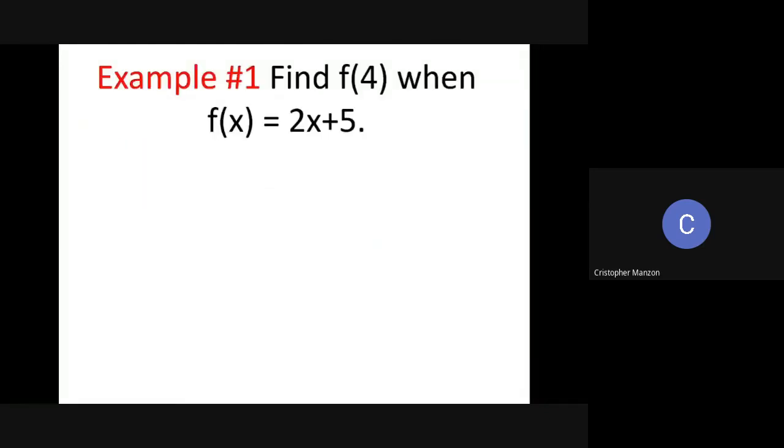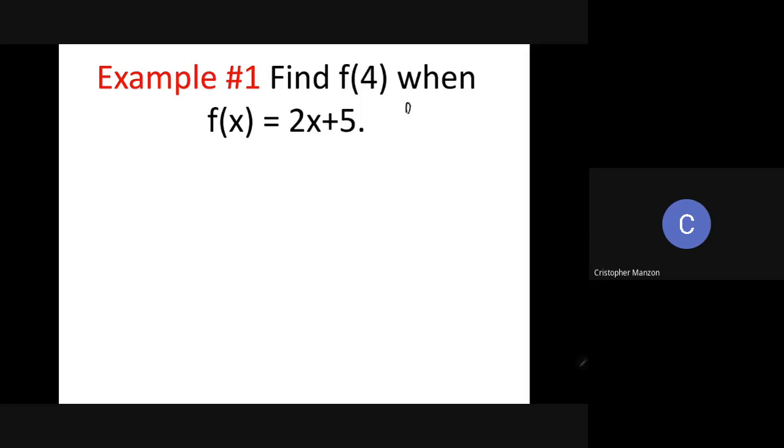Next. Okay, this is actually my lesson. So, a function is 2x plus 5. Let us evaluate when x is equal to 4, or evaluate f of 4 when f of x is equal to 2x plus 5.